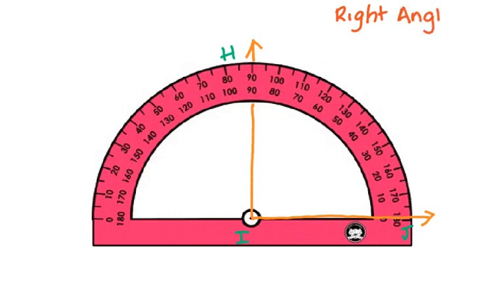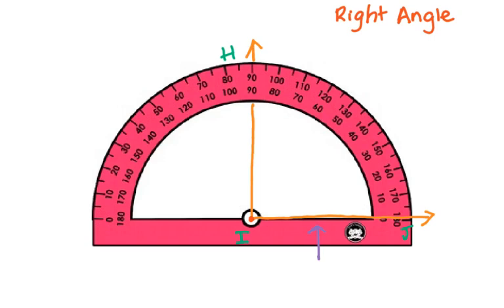So therefore, from our notes from Monday, I know that a right angle equals 90 degrees. So I'm going to have to check that. So I line my vertex, which is I, right here at my midpoint. And then I have one of my arms, arm J, lined up at 0 degrees. And then I see where my other line falls.